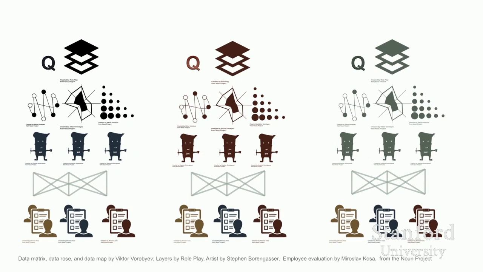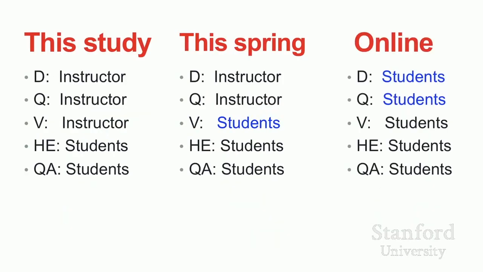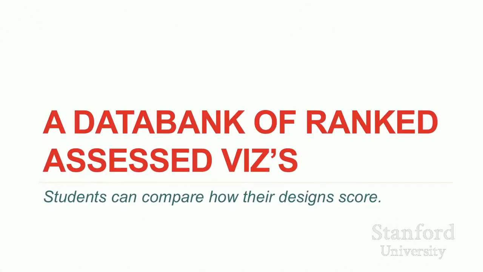And my hope is, this summer, to take it online and have the questions made by the students, and maybe the data sets chosen by the students, although that might probably be delayed a bit. But eventually, everything done by students, and make a huge data bank of ranked assessed visualizations, high-dimensional ones, so that we can really learn what works and what doesn't about complicated static visualizations to start with.